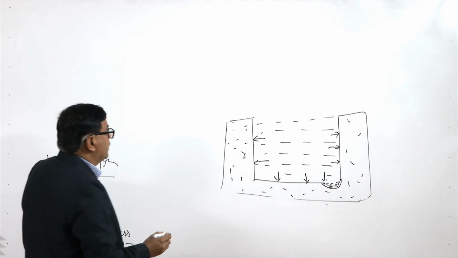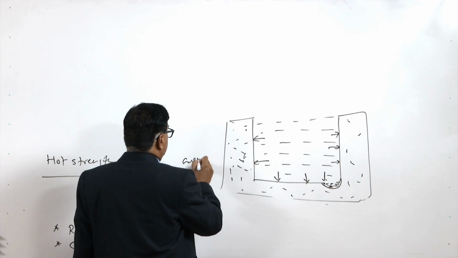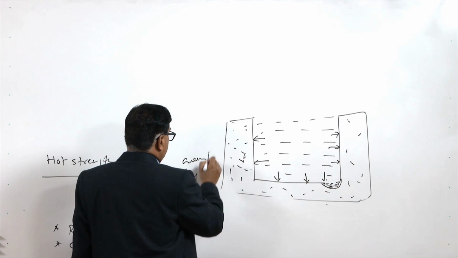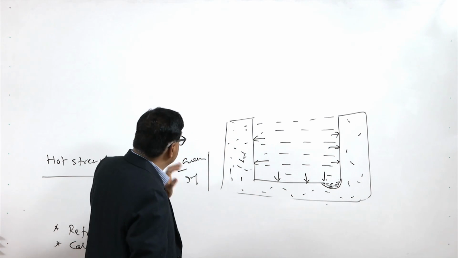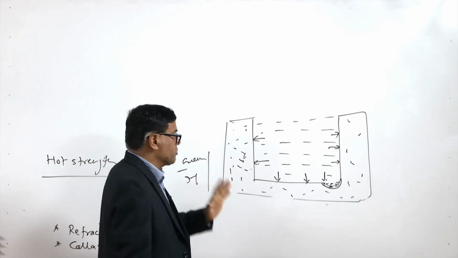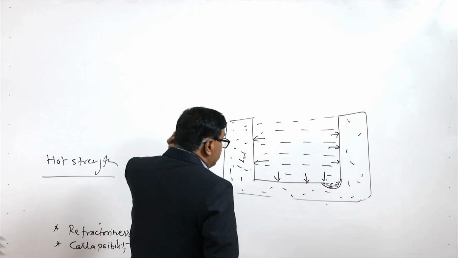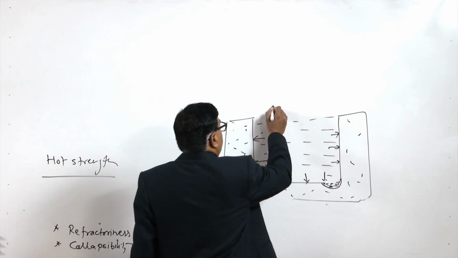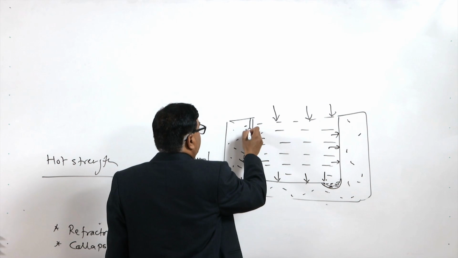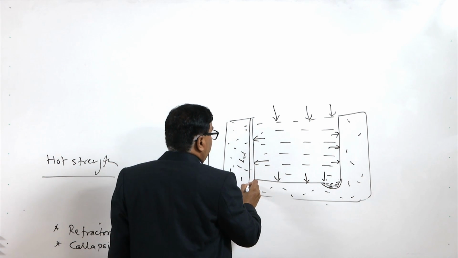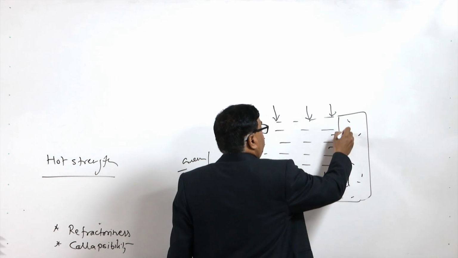We know that whenever any mold is prepared, whether it is green or dry, green mold is where moisture is present and dry mold is where moisture has been driven off. So the mold does not have any moisture, but when the molten metal is poured into the mold, the temperature of the skin of the mold will increase up to the temperature of the molten metal.